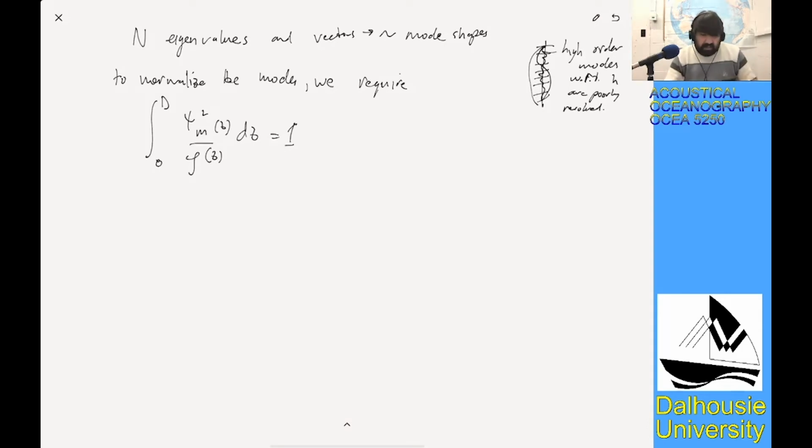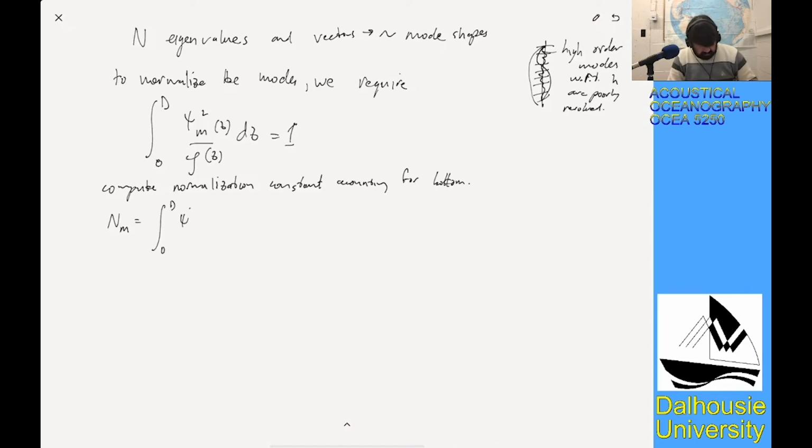We can calculate a normalization constant accounting for the bottom, the strictest way, by integrating over the mode shape, over the density, but including our boundary terms, evaluated at the range step which we're considering.